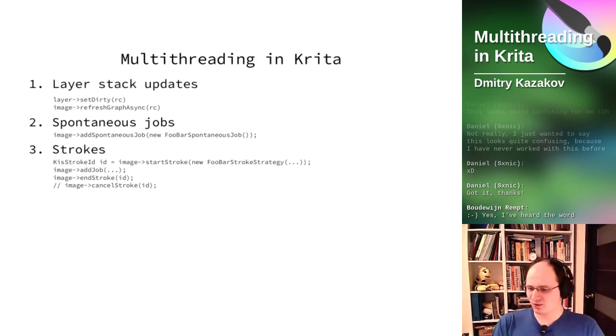In the end of the stroke, almost all the strokes create a single undo history item. So basically, when you drag your stylus on a tablet, you create one stroke.